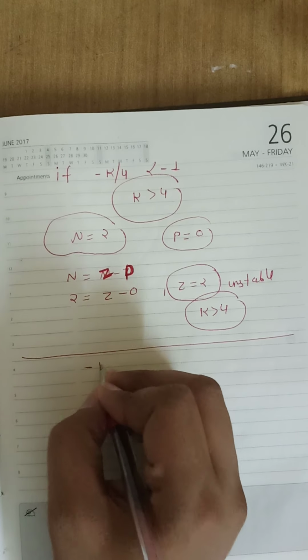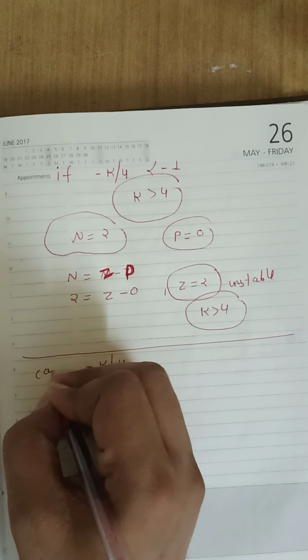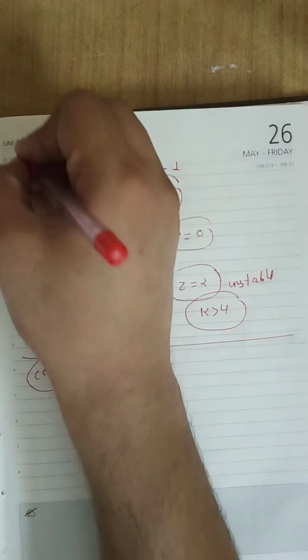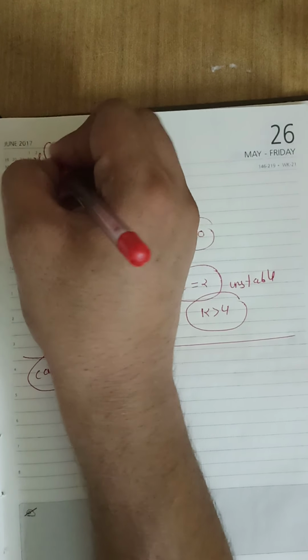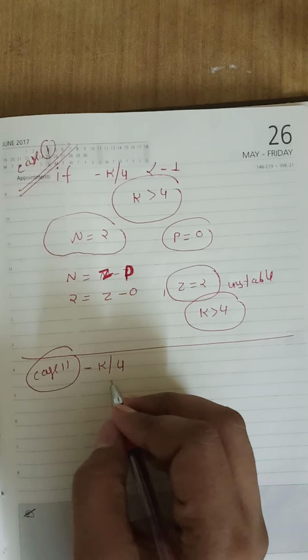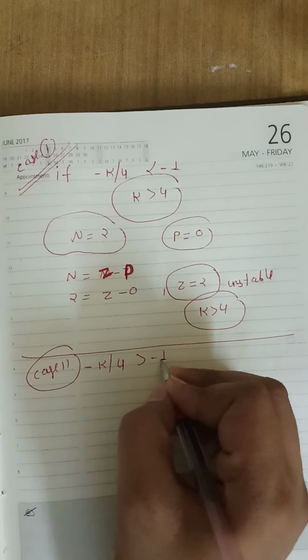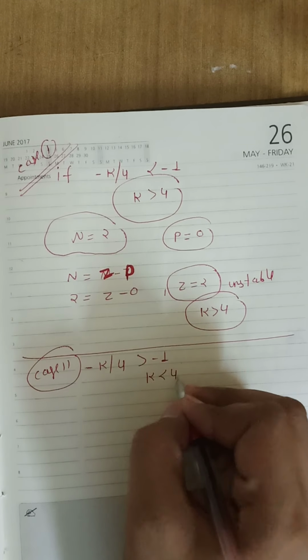This is my second case, this is case 1. If minus K by 4 is greater than minus 1, K less than 4.